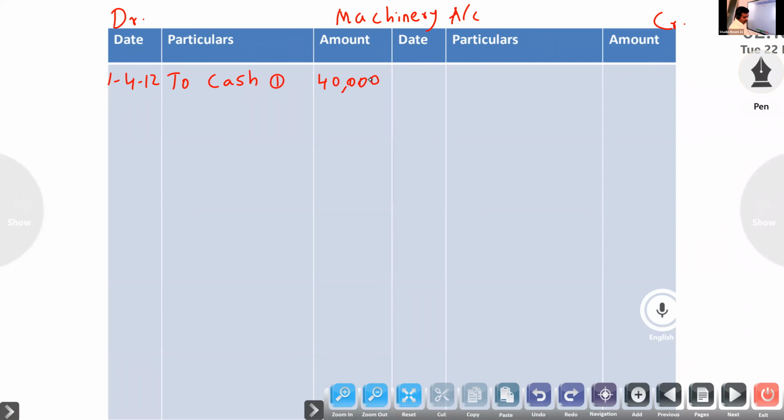On 1st October in the same year, 1/10/2012, to cash. Same year means you can write. Next which one? October only. So to cash, 20,000.